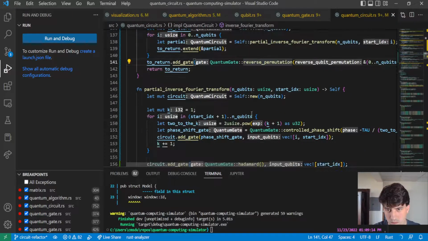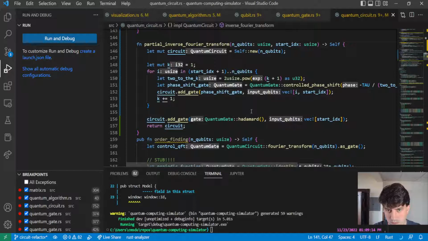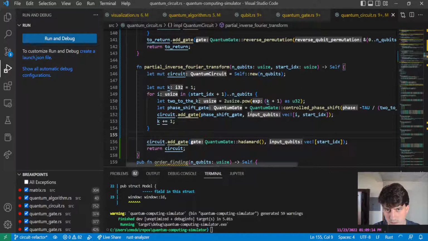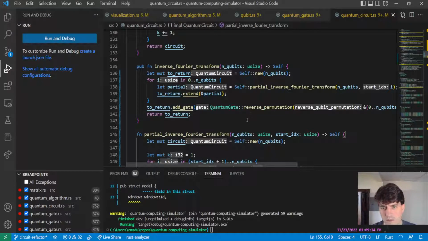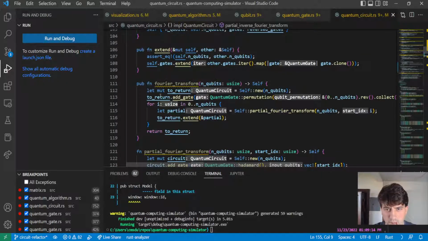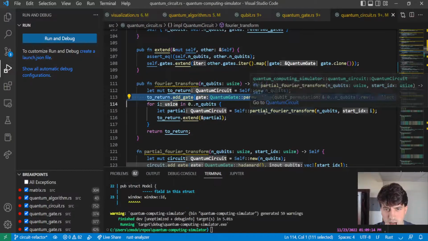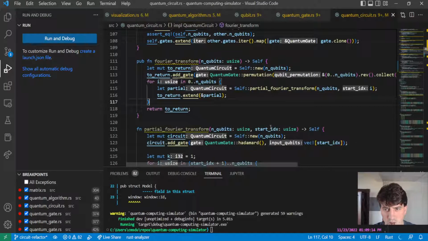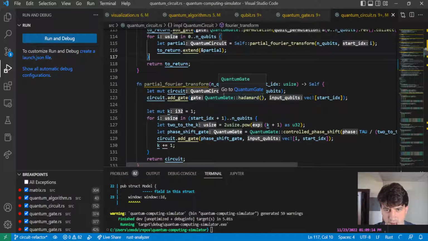So permutation and partial Fourier transform, and each of those starts with a Hadamard.